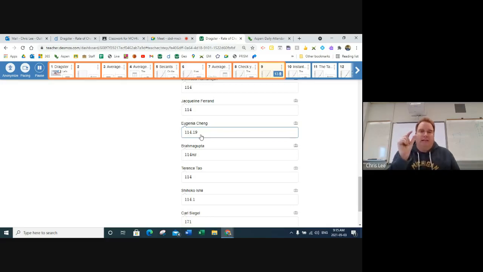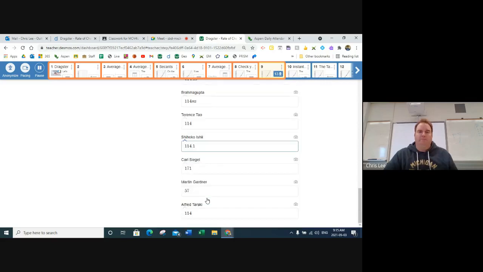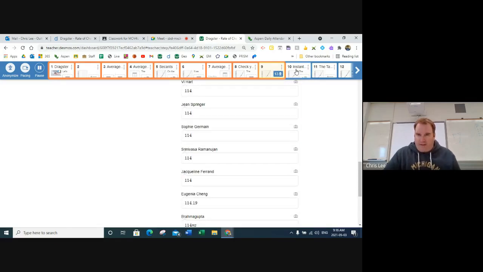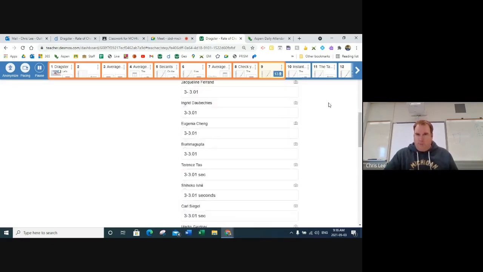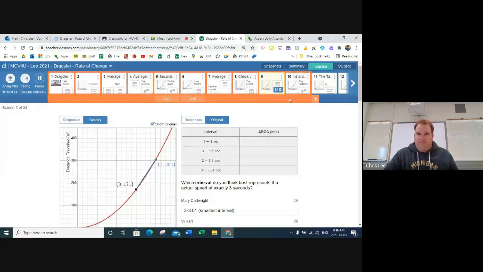Now I would suggest it's less than that, because that's the steepness from 3 to 3.01, and we want to actually bring it down to exactly 3. So I think it's going to be a little bit smaller than that. We have a guess at 114.1. So let's actually move on to the next slide, which I'll open up to you.